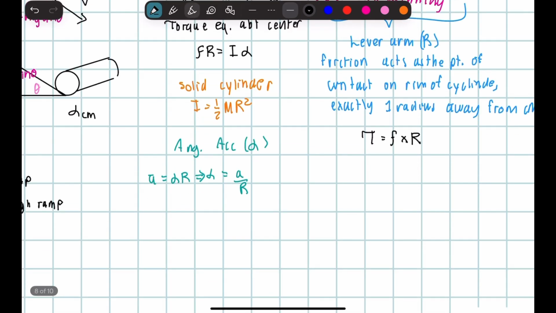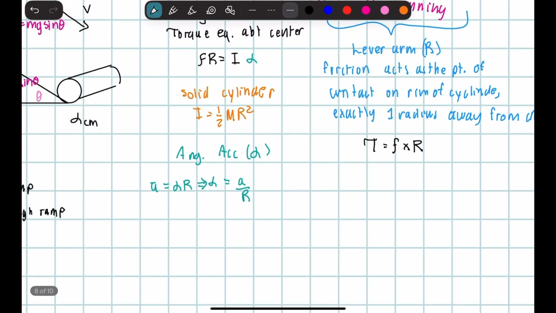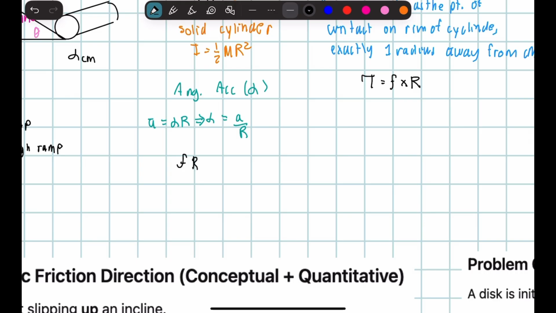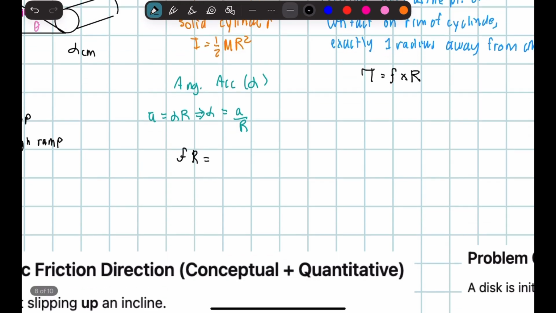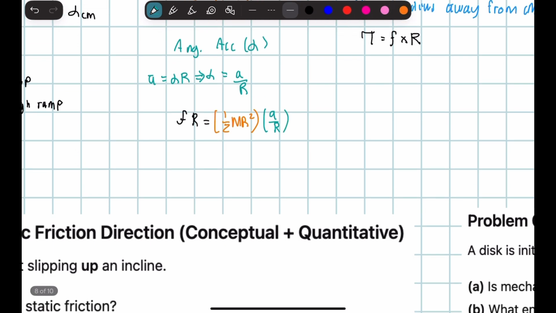So we saw that's the angular acceleration, and this is I. Now down here we have Fr is equal to 1/2 mr squared times a over r.